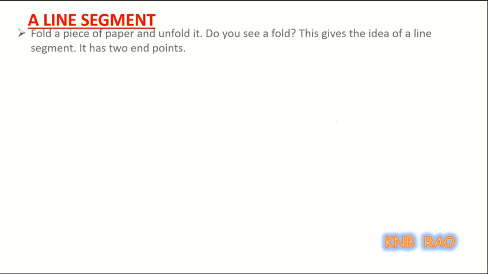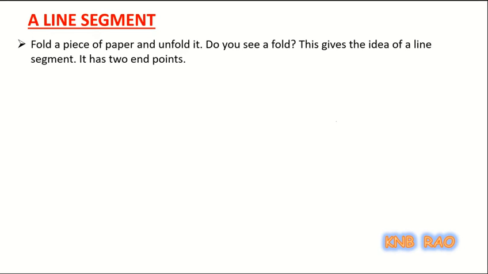Students, if you want to visualize a line segment, you can do some activities. The first activity is to take a paper and fold it. If you unfold it, do you see a folding on it? Yes, that folding gives the idea of a line segment.